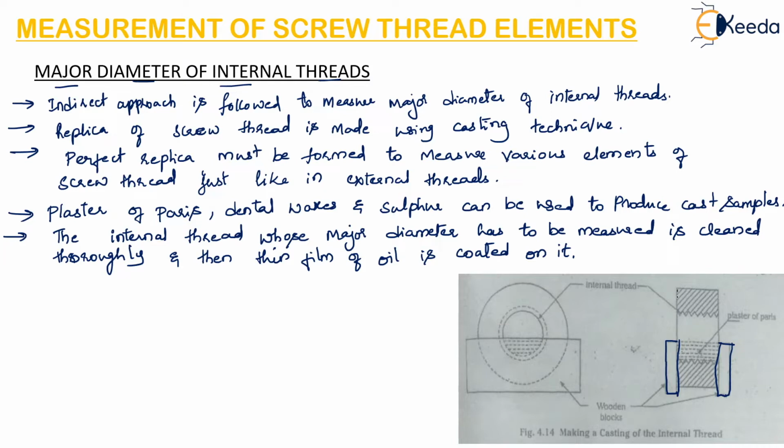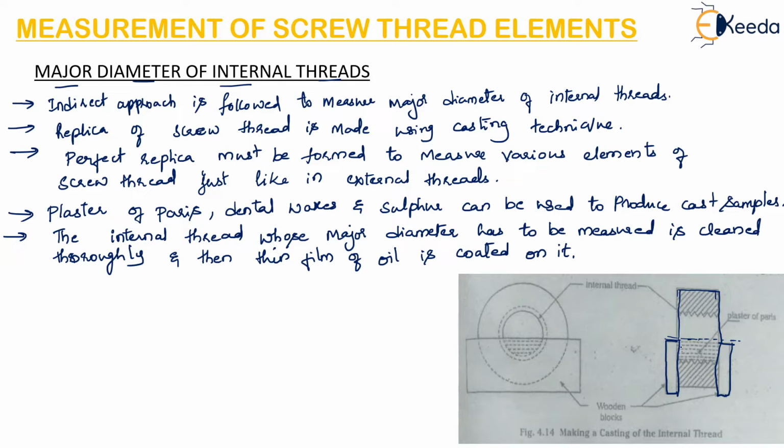If this is the full size of the screw thread, then these wooden blocks are placed at halfway. Their head must reach halfway of the screw thread. In this way, a well will be formed to receive the plaster of Paris.